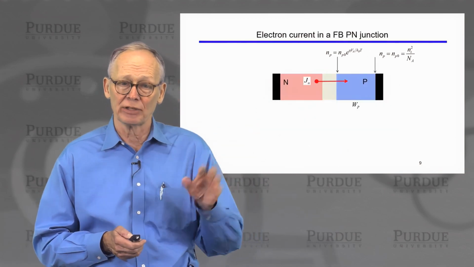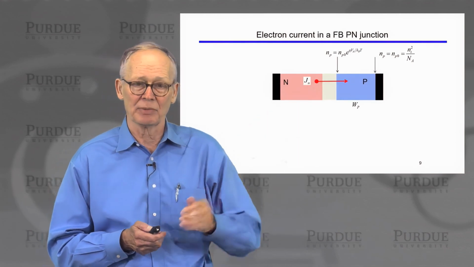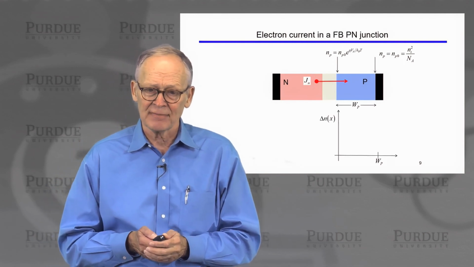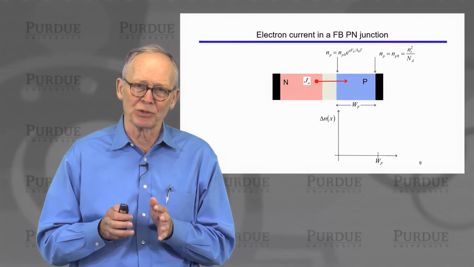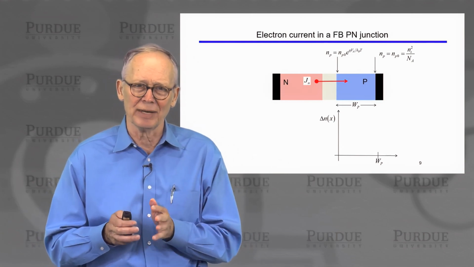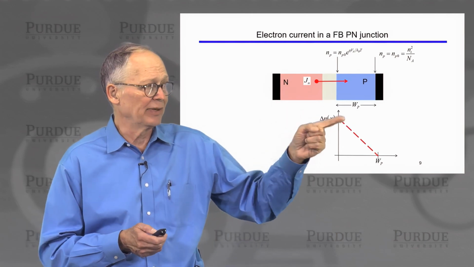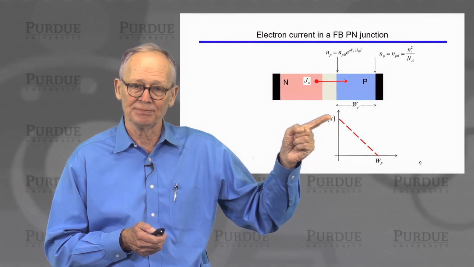Now, if we ask what current flows, we've exponentially increased the probability that electrons will be injected from the n side to the p side. If I look at what happens, if the p region is short so that the electrons don't recombine in the p region, we've exponentially increased their number at the beginning of the p region.